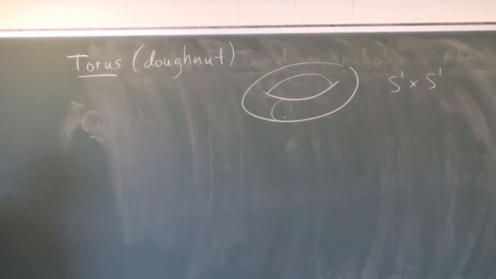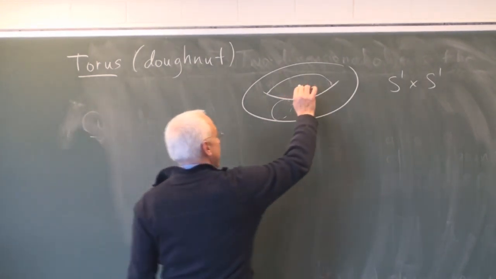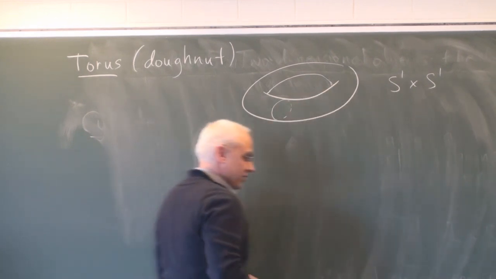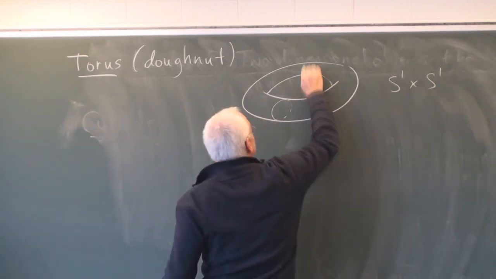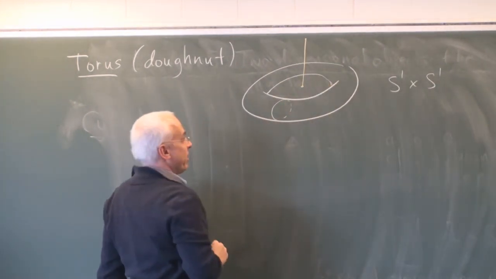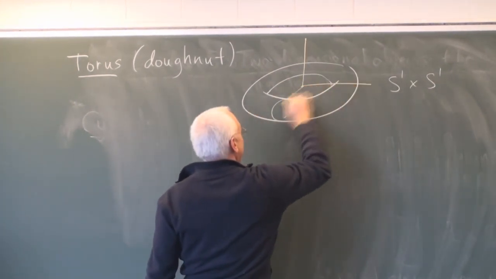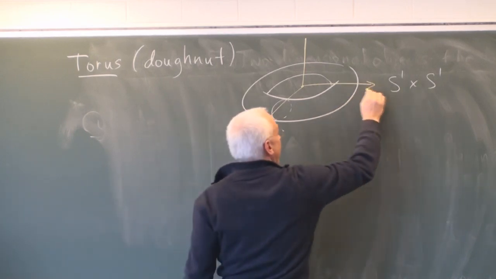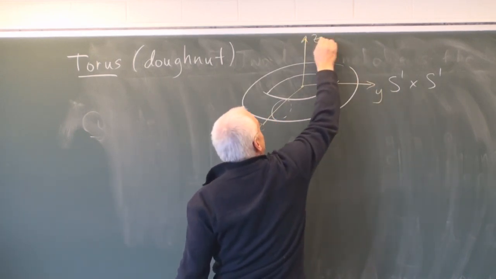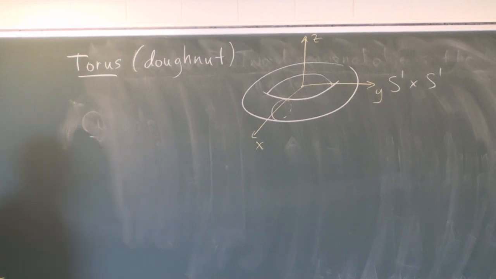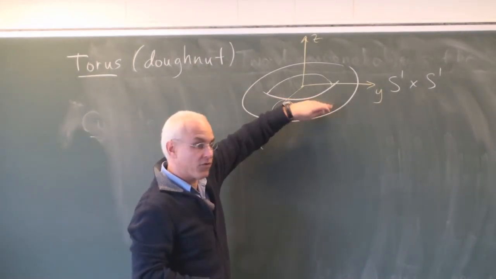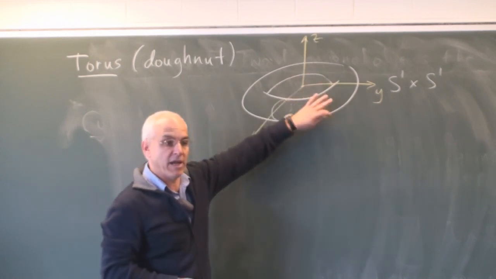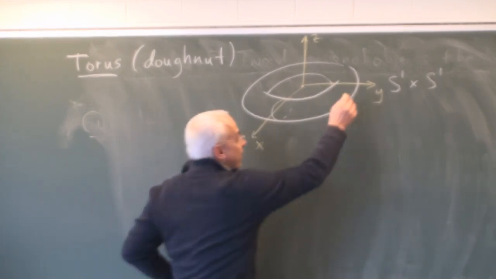One way of getting at this using coordinates would be to situate an X, Y, Z reference frame, with the origin right in the middle there. If we looked at the intersection of the torus with the YZ plane, that is the plane of the board, you would get a circle here.